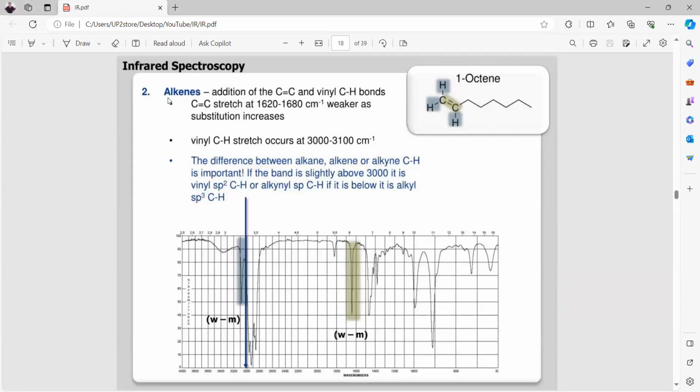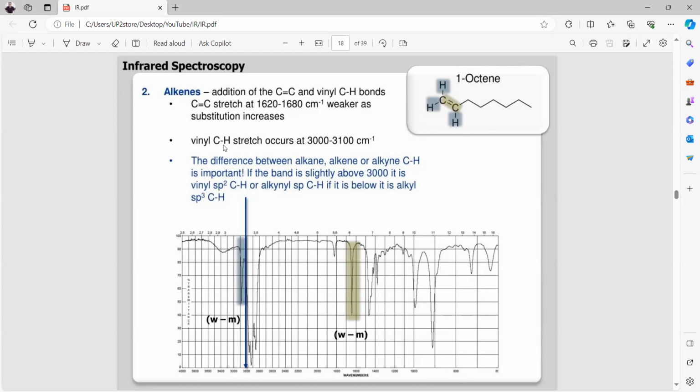It's called alkenes. Alkenes have the addition of C double bond C and vinyl CH bonds. The C double bond C stretch at 1620 to 1680 centimeter minus one is weaker as substitution increases. We can explain 1-octene.